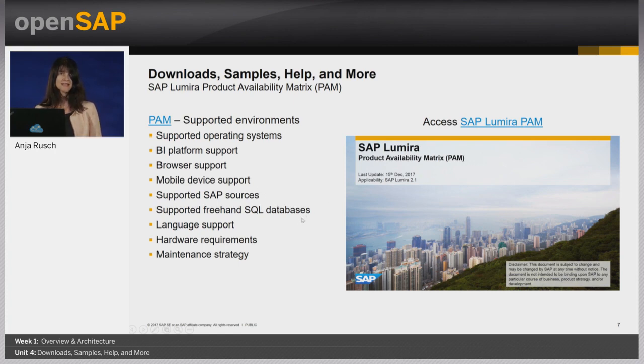Our last session will as well be based on mobile. Then the supported SAP sources, like which BW system can you connect, which HANA system can you use, and which universe. Then we have supported freehand SQL databases, of course, as well the language support and the hardware requirements. And in the end, the maintenance strategy of the product.